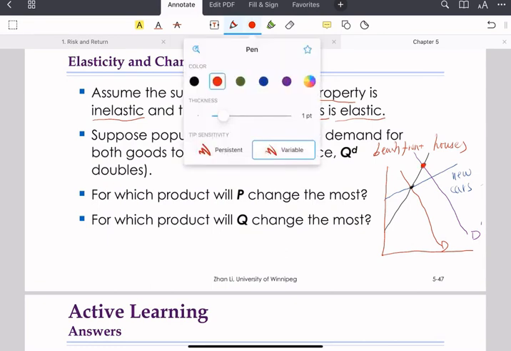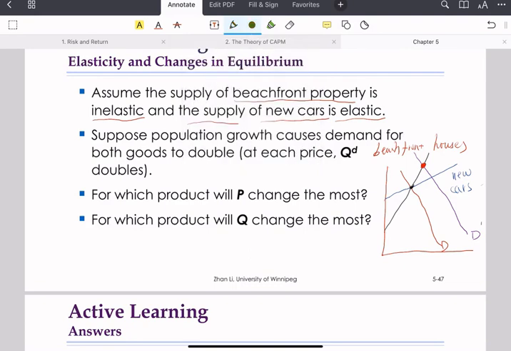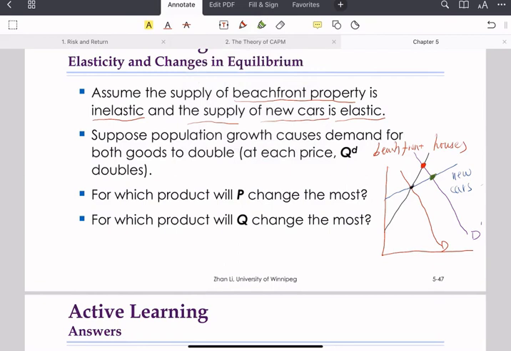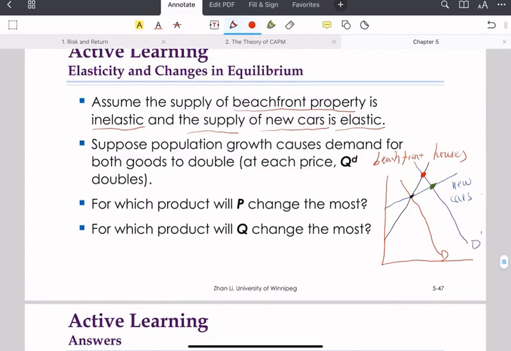And for new cars, the equilibrium is given by this green dot. So you can see that the price change for this red dot is actually larger, right? So the answer is beachfront.